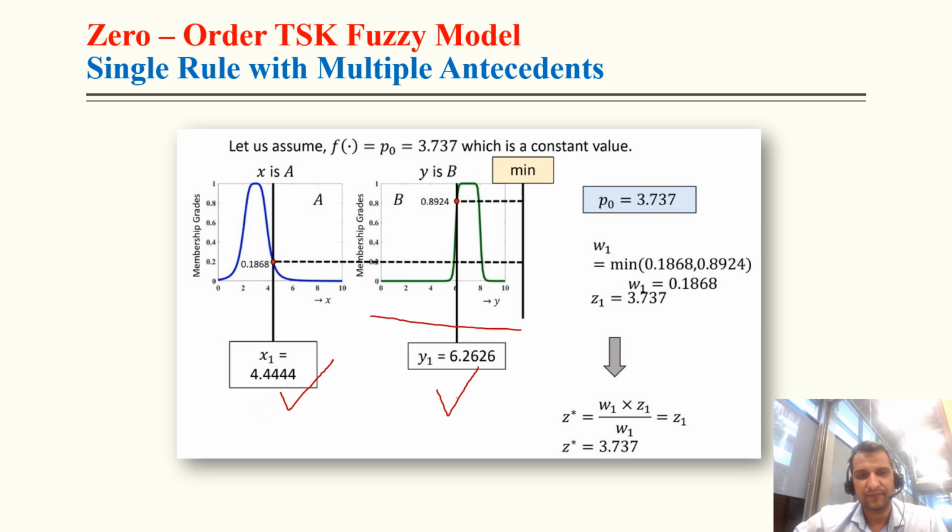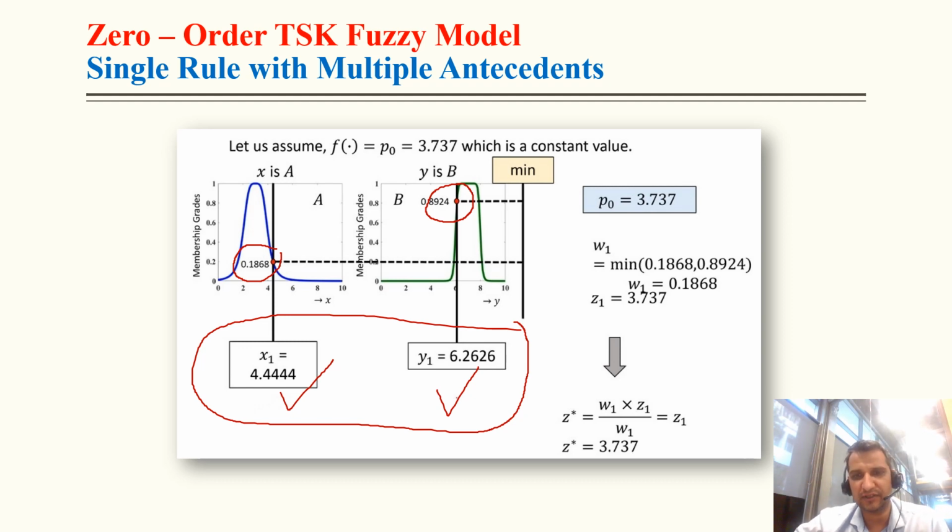This is the input for which I want to calculate my output. So when this input intersects at this particular point, this is the point of degree of compatibility, and this input y1 is intersecting at this particular point, and this is another point, degree of compatibility.